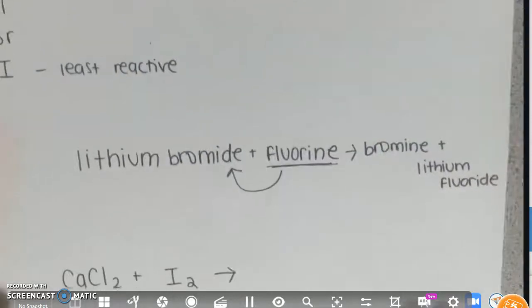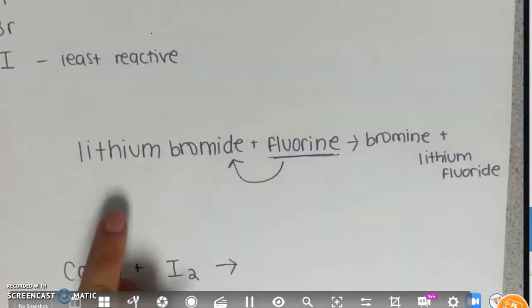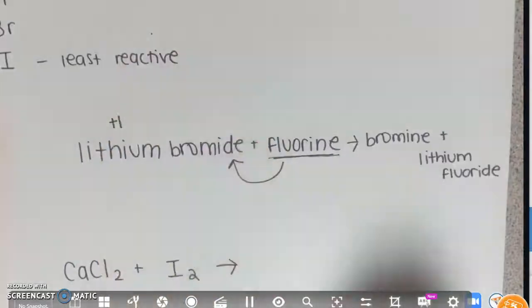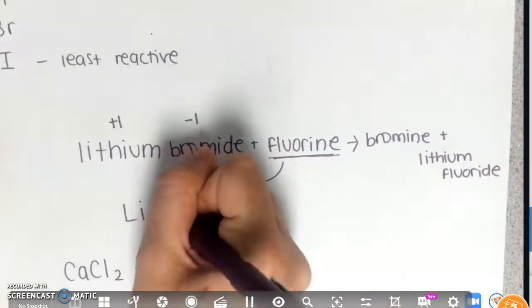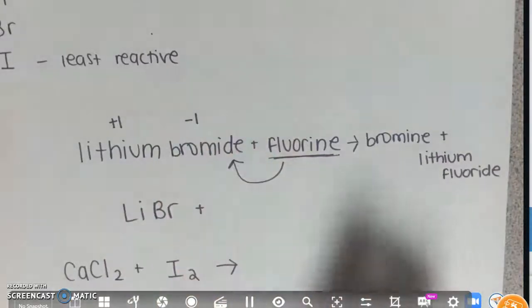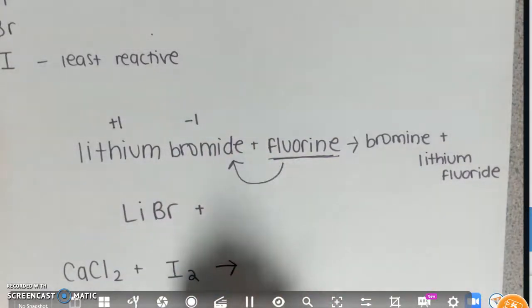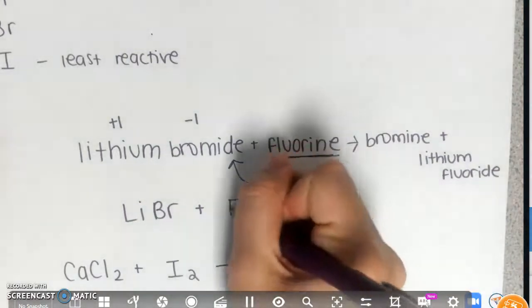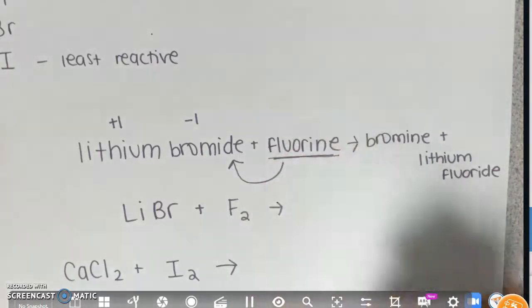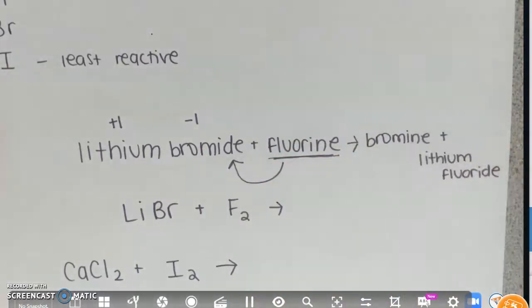Okay, and then to write this equation, lithium has a charge of +1, bromine is -1, so that is LiBr, plus fluorine by itself. Fluorine, you do need to know, is a diatomic element, so when fluorine is not bonded to anything, it is F2. And that will make bromine.